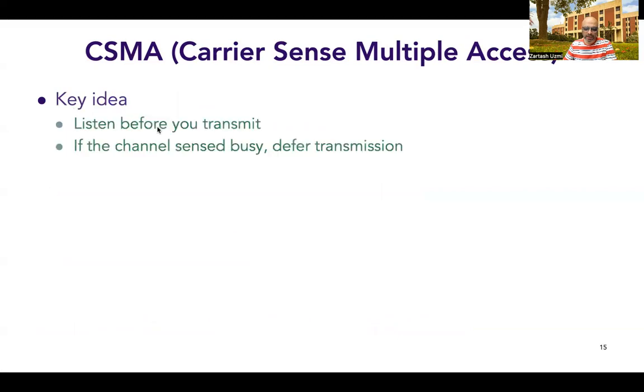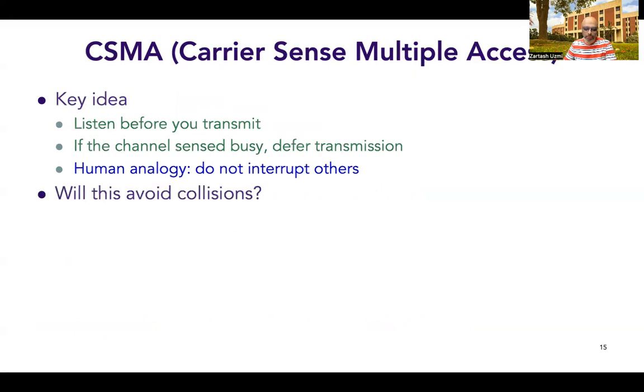The key idea behind the CSMA protocol is you listen before you transmit. If the channel is busy, if somebody else is transmitting, you will be able to sense it. You defer your transmission. This is the human analogy of not interrupting others. If somebody else is talking, you do not talk, you wait for them to finish, and then you transmit.